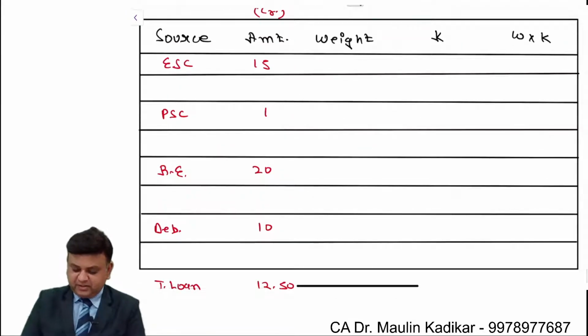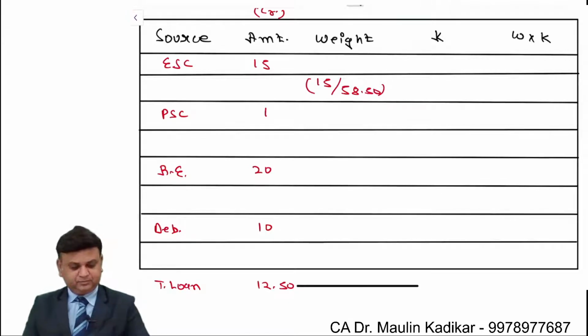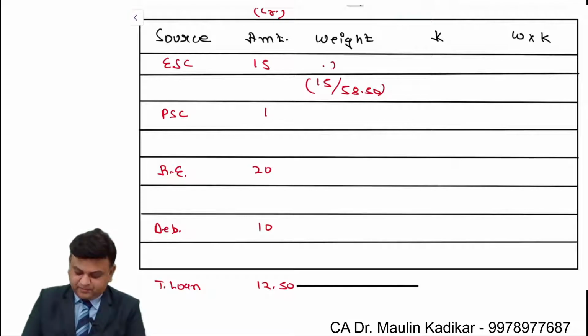Then we'll compute the weight. So it is 15 divided by 58.5. The answer comes to 0.2564.